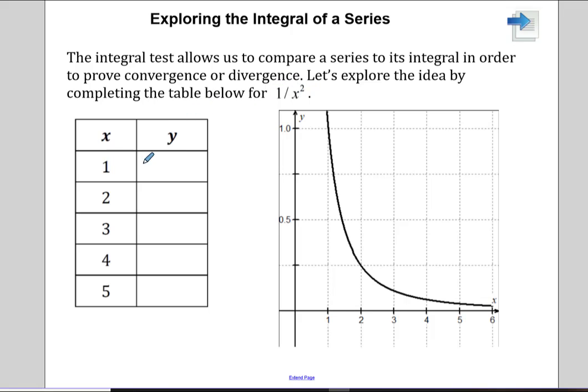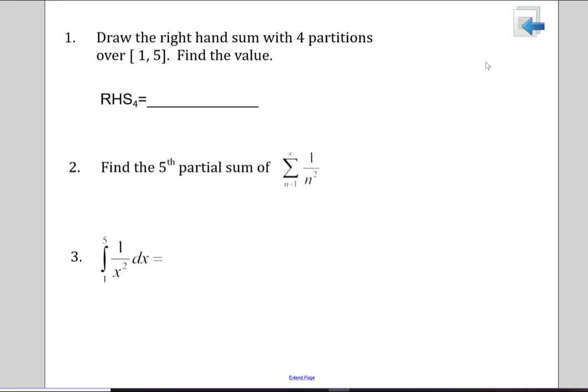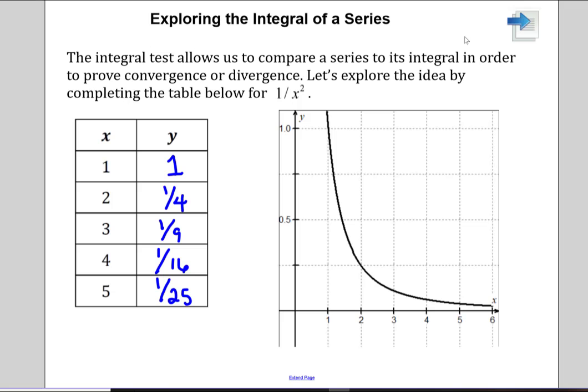So if we had 1 over 1 squared, that would be 1, and 1 over 2 squared would be a 4th, 1 over 3 squared a 9th, and so forth up until the 5th partial sum. In the next part, they're asking us to use this image here. We want to draw the right-hand sum with 4 partitions over 1 to 5, and then find the value of that. So let's go back to that image.